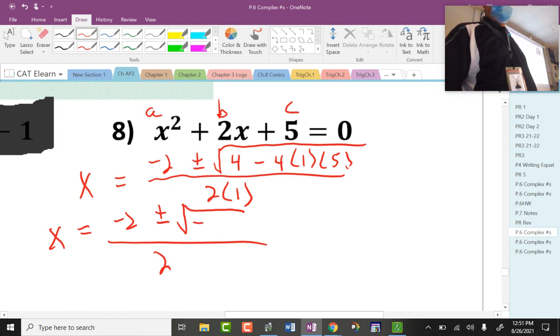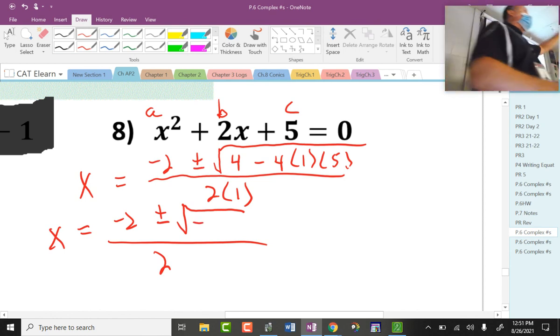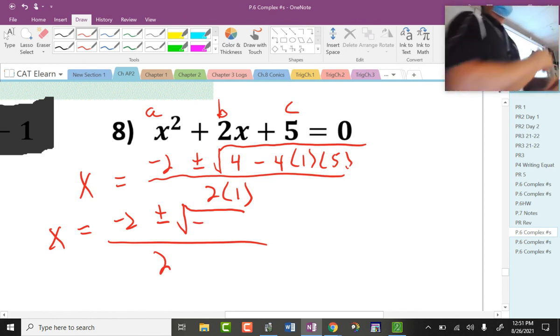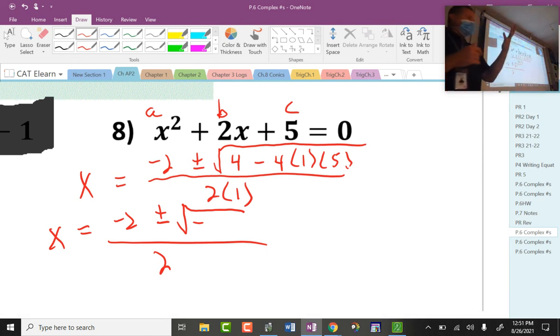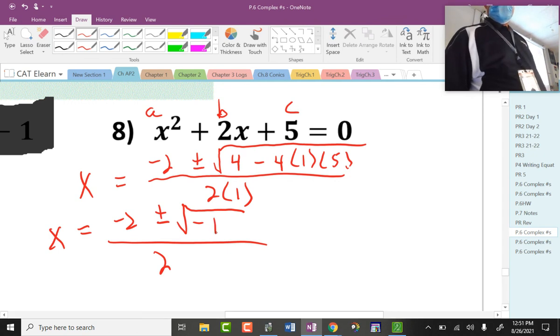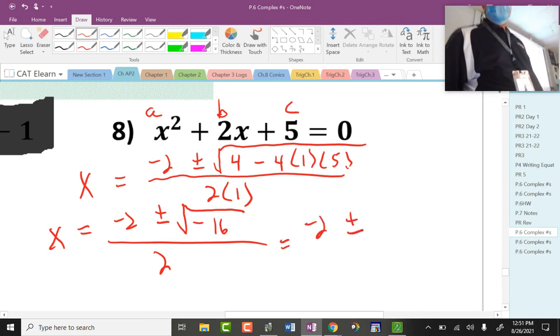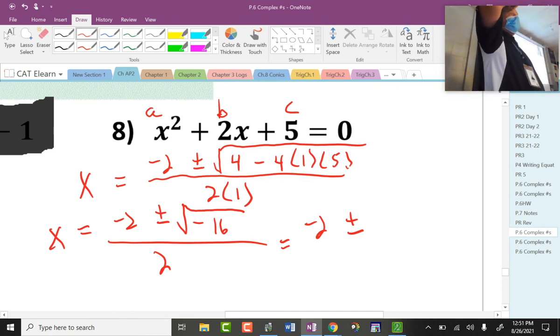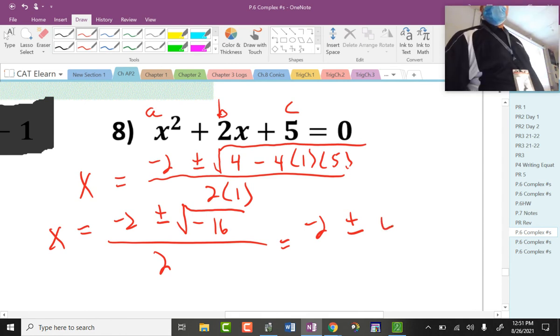And then what's 20 minus 4? That's all you have to think about it reversed. 20 minus 4, use your fingers. 20 minus 4, 19, 18, 17, 16. And then in what we're doing today, what's the square root of negative 16 become? 4i. And there we go.